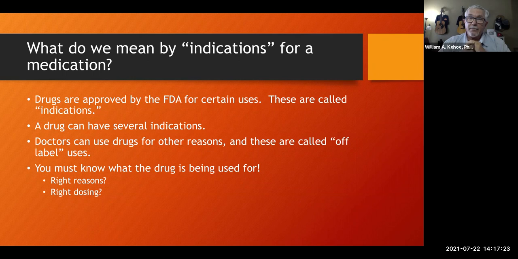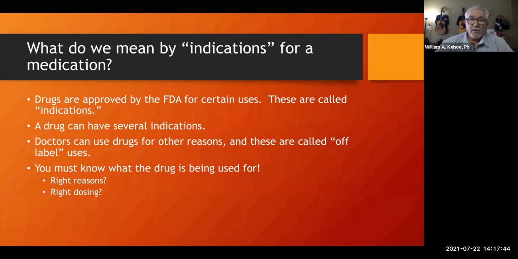And so it's perfectly legal for a physician to write a prescription for medication for an unapproved or what we call off-label indication. But again, the risk for them is a little bit higher because they're using it in an off-label fashion, but that can be done.